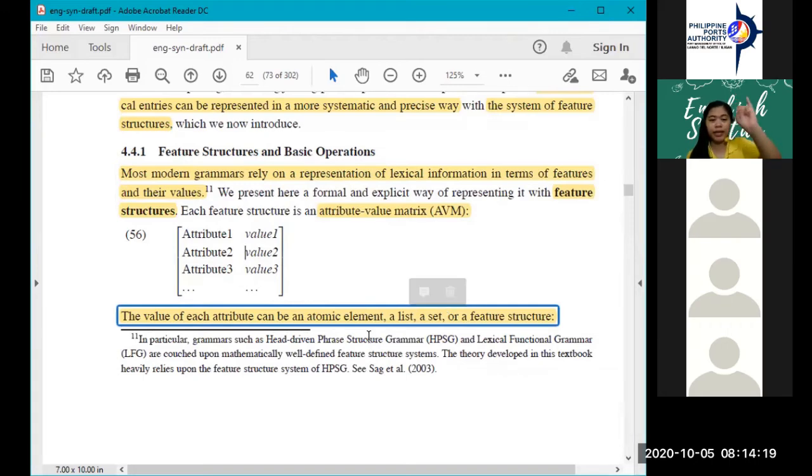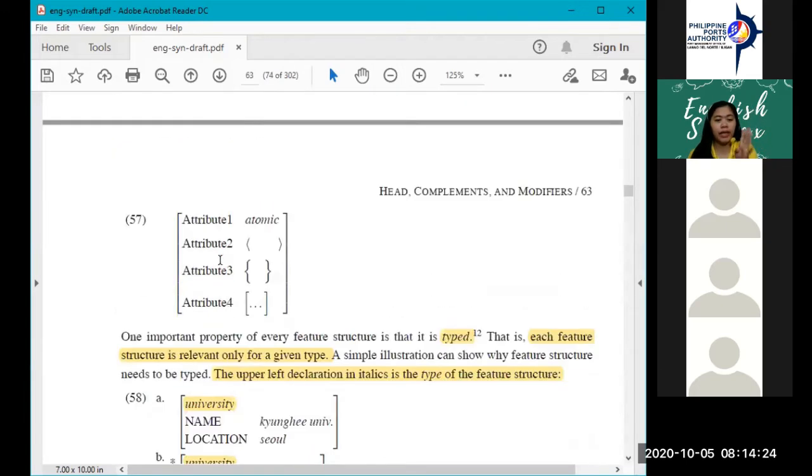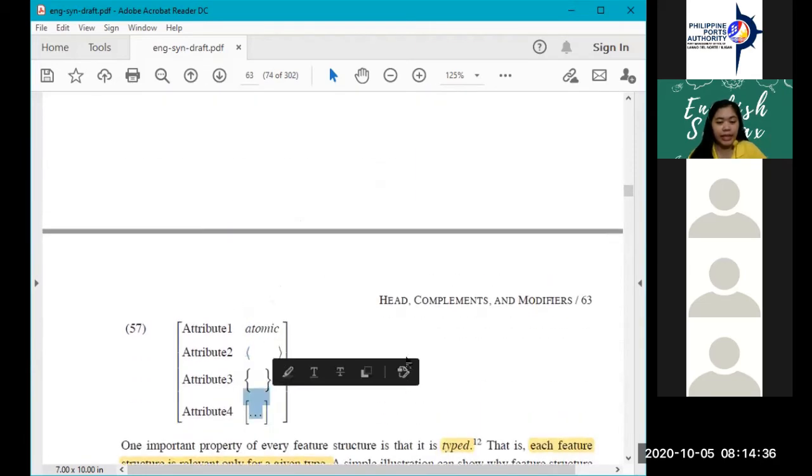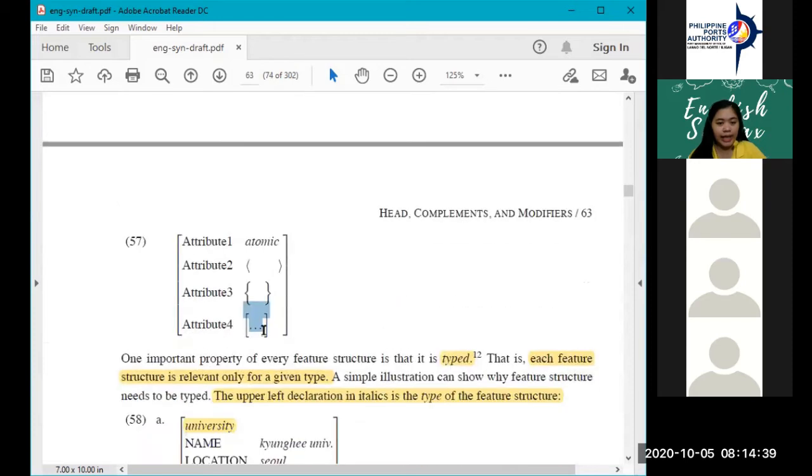Atomic element, a list, a set, or a feature structure. So remember that. Here, this is the atomic one, typed in italics. This is now the list, this is the set, and this bracket represents the feature structure.